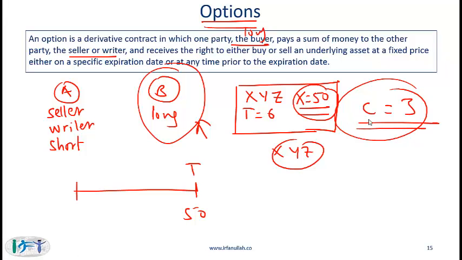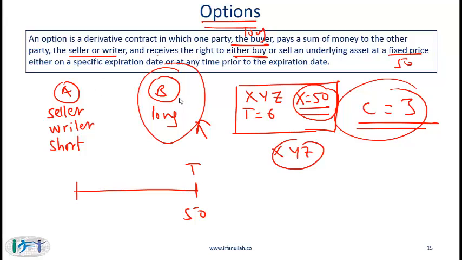In return for paying this $3, B receives the right to either buy or sell an underlying asset. In my example, B is buying the right to buy the underlying asset at a fixed price, which is 50 in my example, either on a specific expiration date or at any time prior to the expiration date.